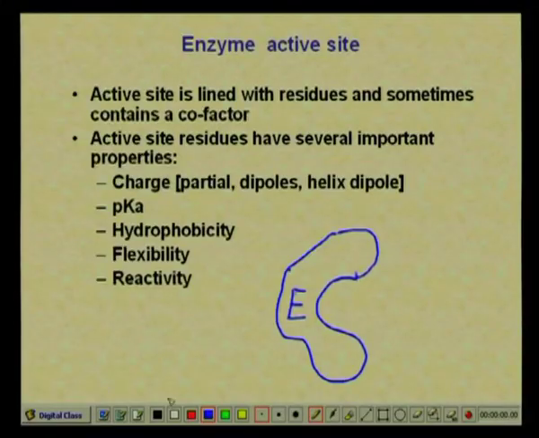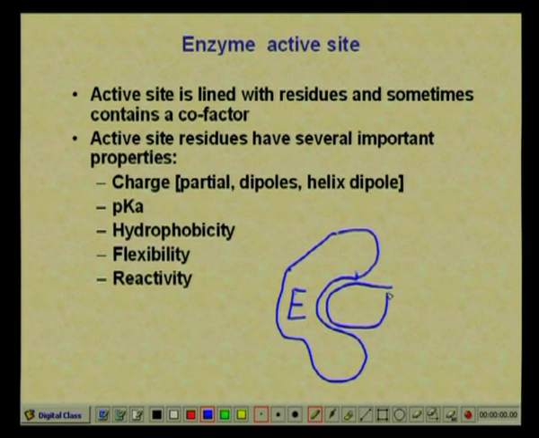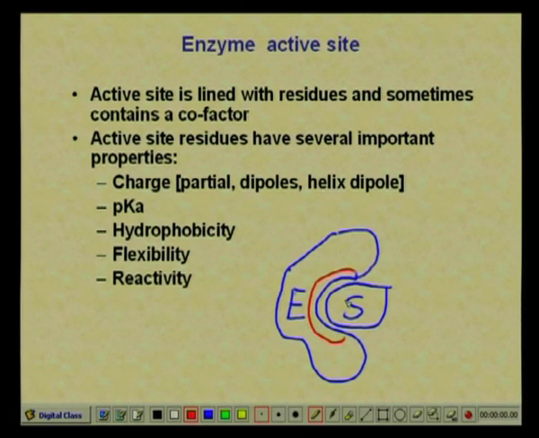Our substrate, let us do it in a different color, is going to fit into what we call this active site. Now, what do we have in the active site? We have in the active site, which is say this region here, specific residues that are going to act on the substrate to give you the product, but the enzyme will remain as it is, because remember the enzyme is a catalyst.